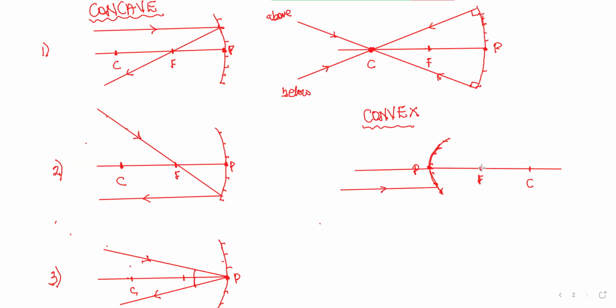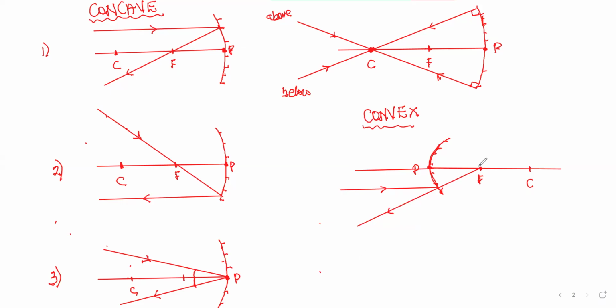So before you draw the reflected ray, you must connect it to the principal focus. And we often use a broken line for that. I don't have that. That's why I'm using a solid line. So this is the reflected ray.